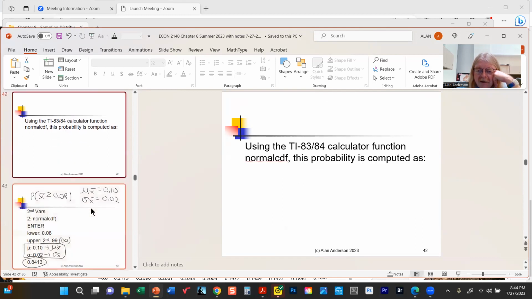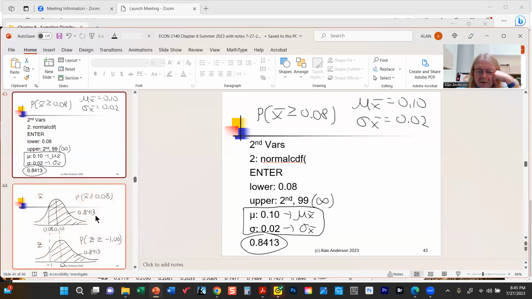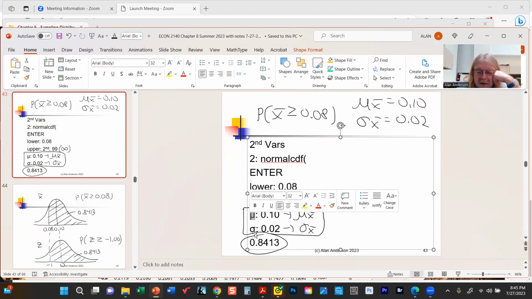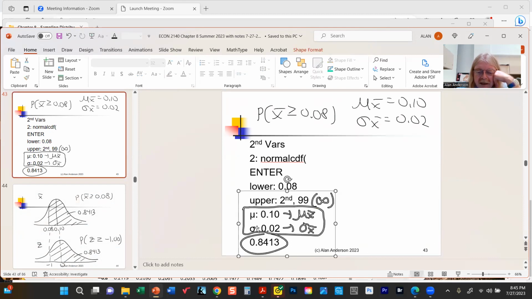Yes. Now, if you decide not to use the tables, this is our old friend normal CDF from the last chapter. The only thing you have to watch out for here is that the calculator says mu and sigma, but for this particular application, remember, you're actually doing mu x bar and sigma x bar. But other than that, nothing has changed.